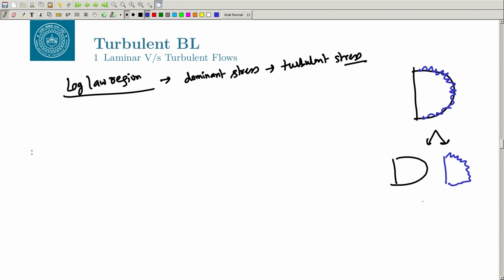So, we say that the turbulent stresses, the stresses generated by the fluctuations, play a key role in the log law region, which is away from your viscous sublayer. In that case, we can make the scaling argument for del u by del y.